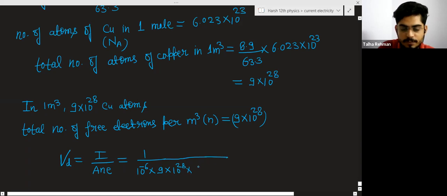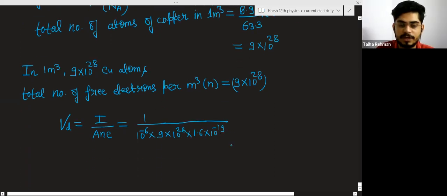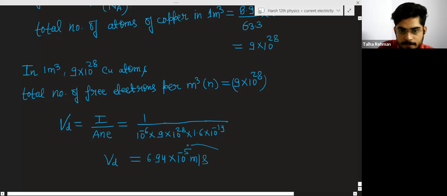Charge on electron is 1.6 into 10 to the power minus 19. I am just talking about the magnitude, so I am not taking the charge of electron as negative. When you calculate this, you get the drift velocity 6.94 into 10 to the power minus 5 meter per second. So this is the final answer.